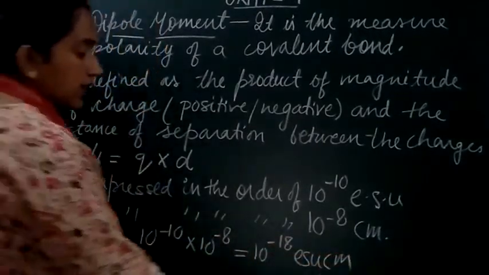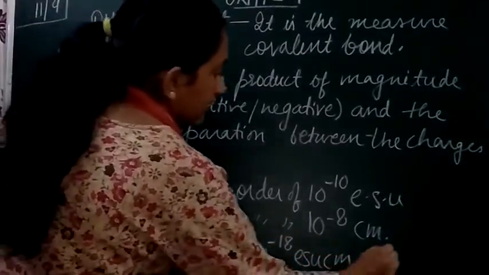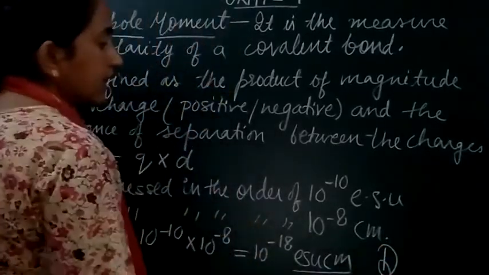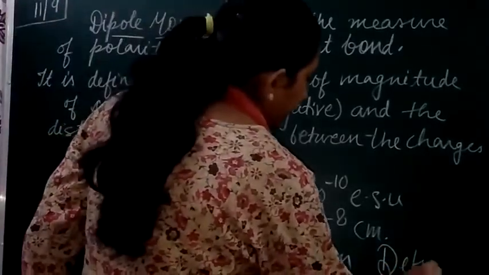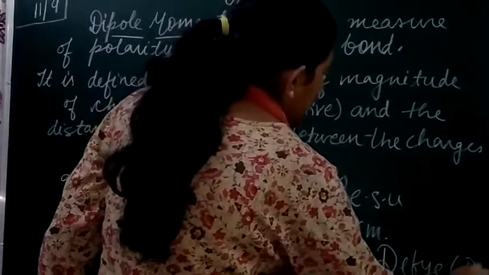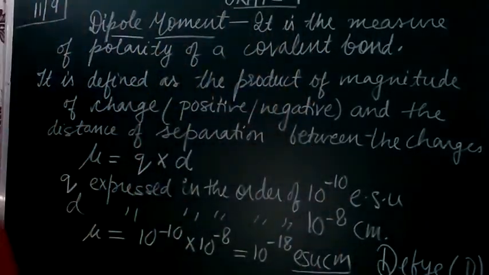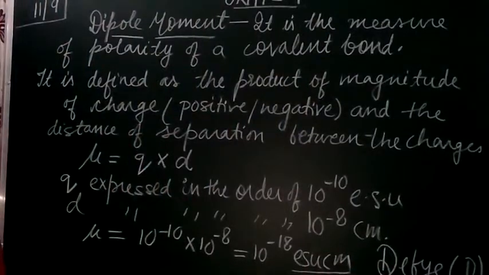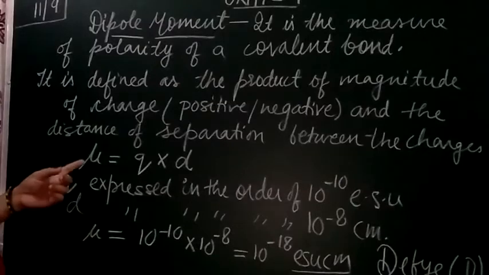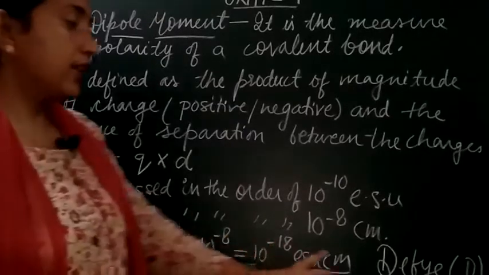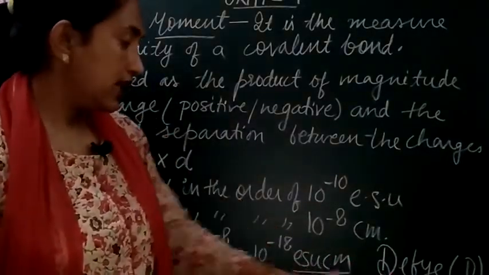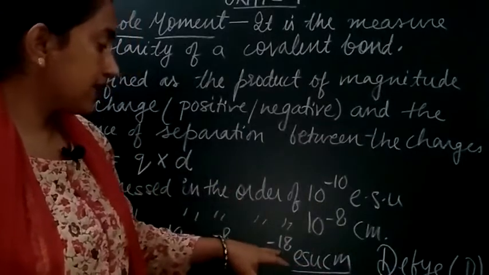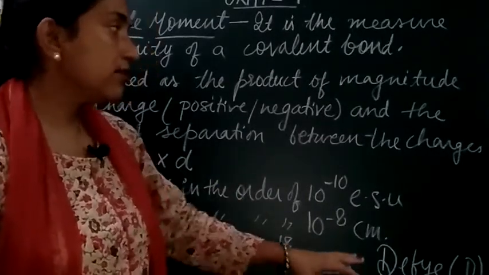And students, instead of this, you can write D, that is the debye. It is the popular unit of the dipole moment. So dipole moment is expressed in terms of debye, that is 10 to the power minus 18 ESU centimeter.